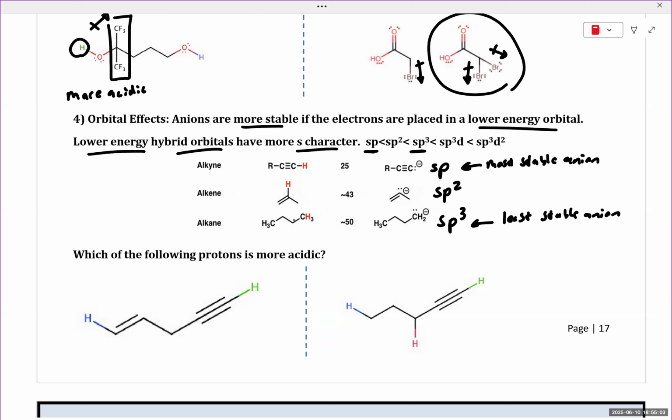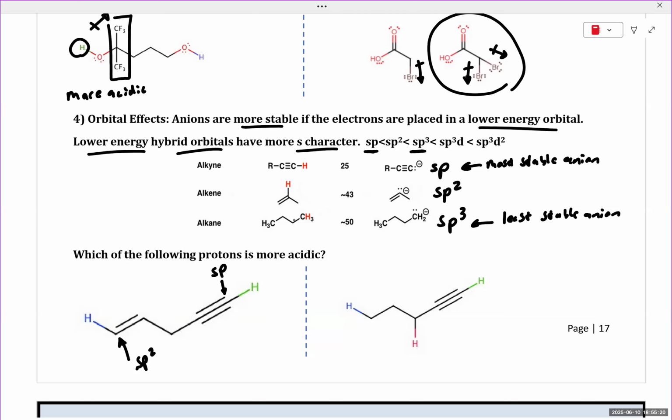So in this case, we have an example where we're asked to rank which protons are more acidic. I'll do the first one, you'll do the second one. So in this case, we have a proton attached to an alkyne, which is an sp hybridized carbon, versus an alkene, which is an sp2 hybridized carbon.